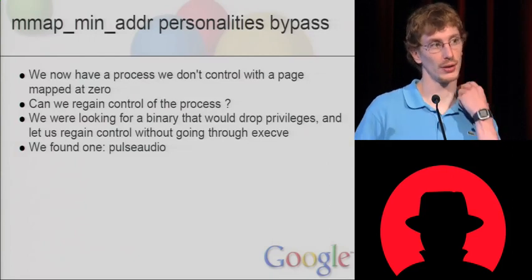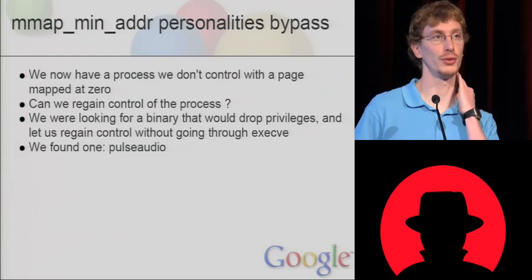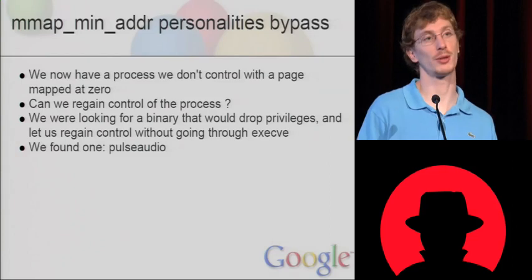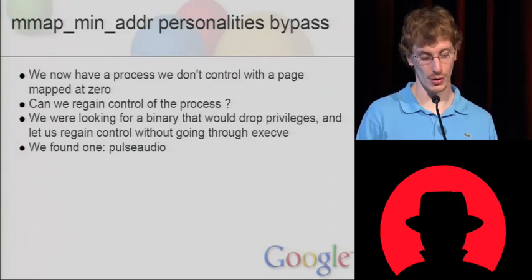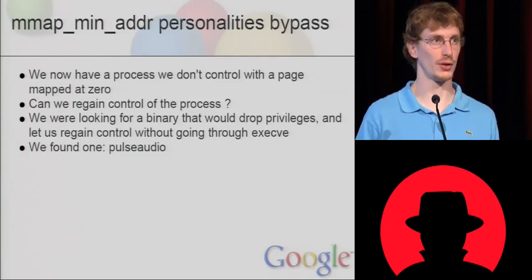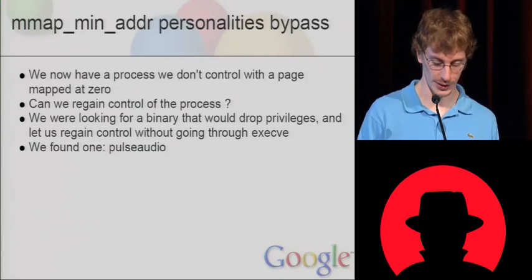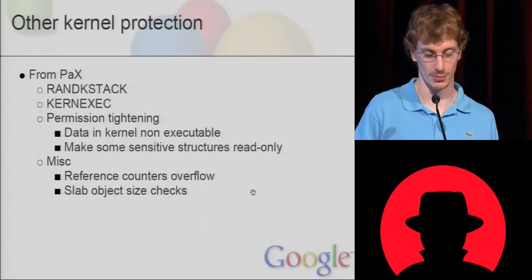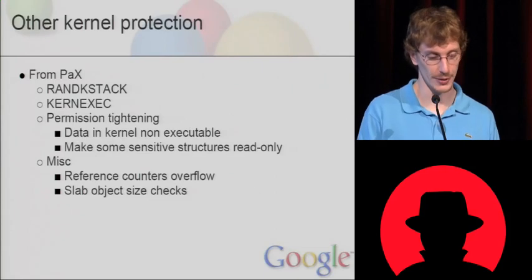And we actually found one. PulseAudio allowed us to do this. It was not a bug in PulseAudio, it was just a bug in the Linux kernel that we exploited through PulseAudio. Then we took a look at PulseAudio, and of course we also found a completely different vulnerability in PulseAudio that was unrelated.